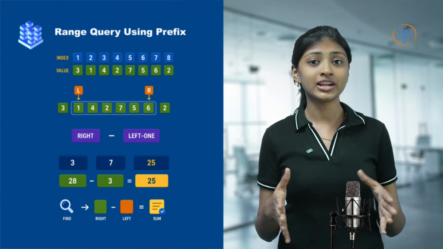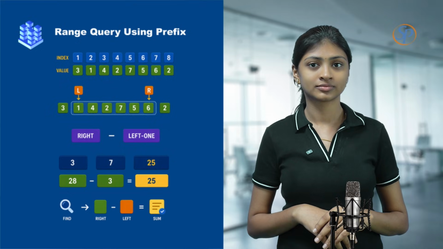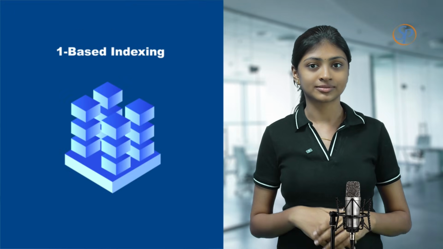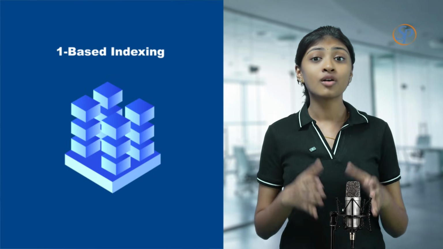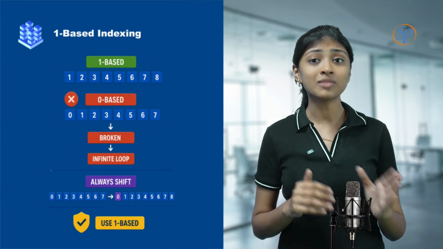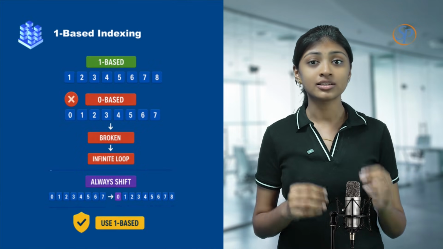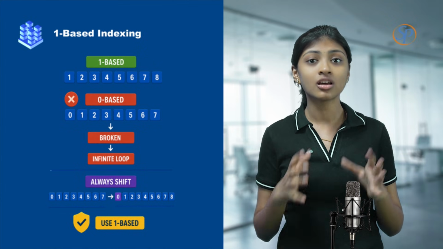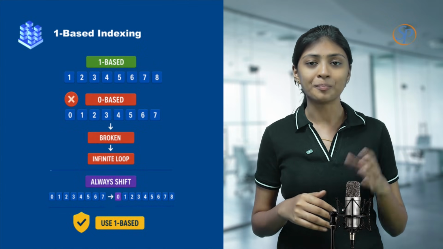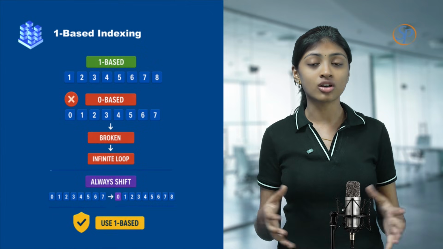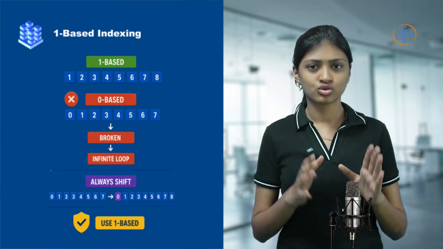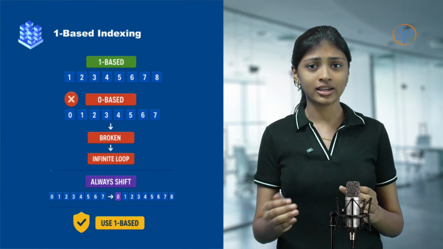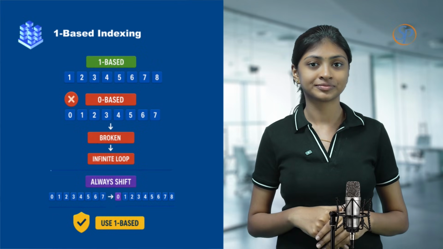Now one important detail students miss. 1 based indexing. Fenwick tree must use 1 based indexing because if you use 0 based indexing, the lowest set bit logic breaks and can even cause infinite loops. So always shift your array by 1 position.